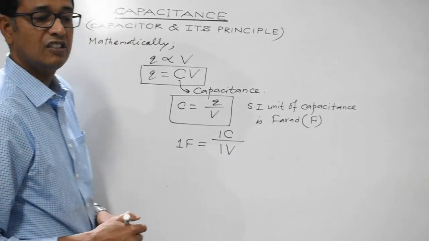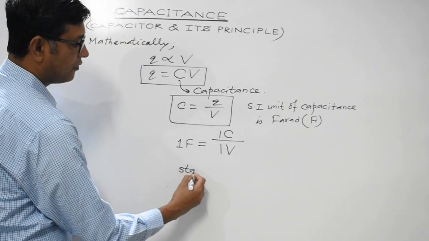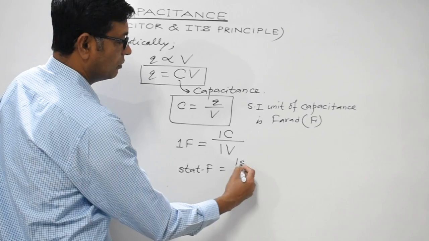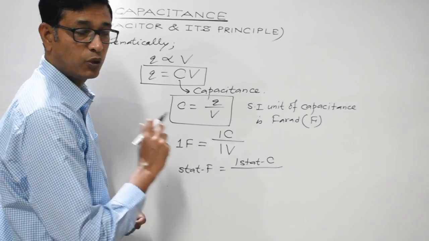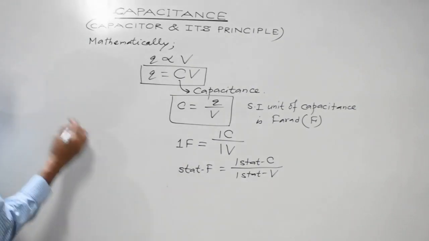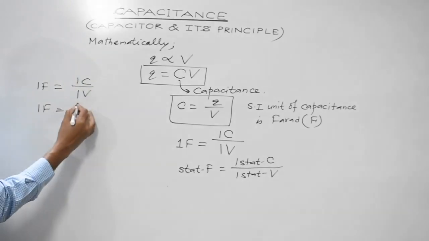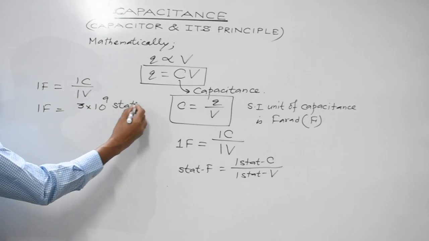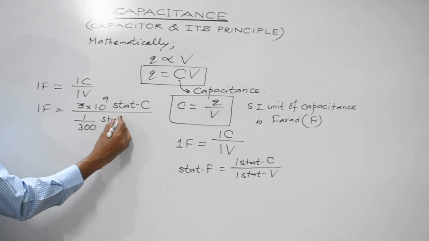Now let's discuss its Cgs electrostatic unit. The Cgs electrostatic unit is stat farad. Cgs electrostatic unit of charge is stat coulomb. And you are aware Cgs electrostatic unit of potential is stat volt. So making use of this fact, 1 farad is equal to 1 coulomb divided by 1 volt. So what to do is 1 coulomb, you might remember, it is 3 into 10 to the 9 stat coulomb. 1 volt, it is 1 by 300 stat volt.